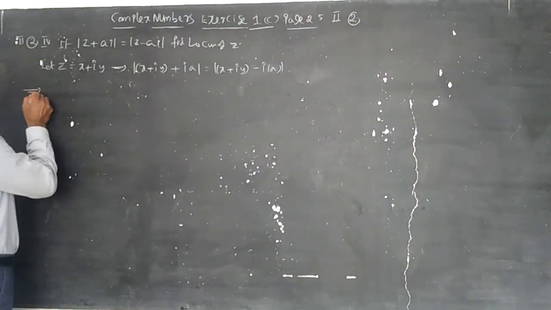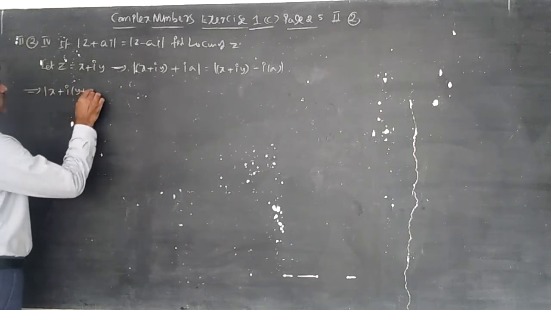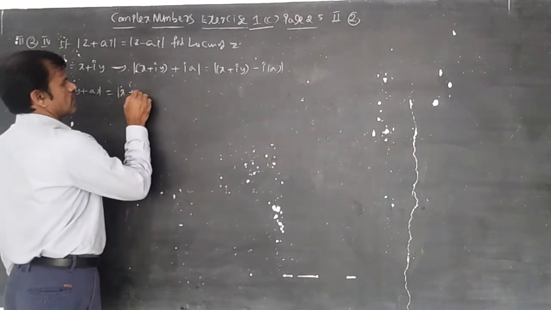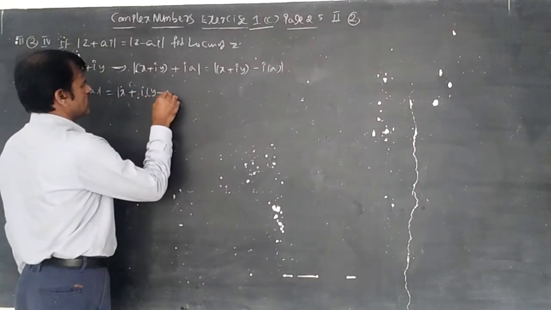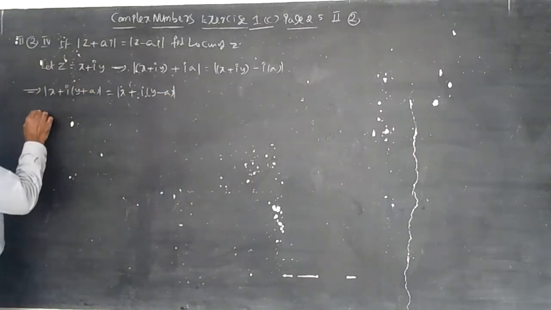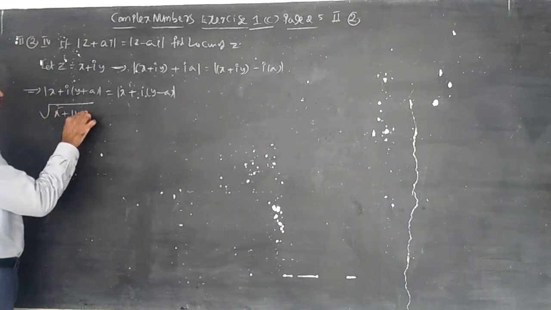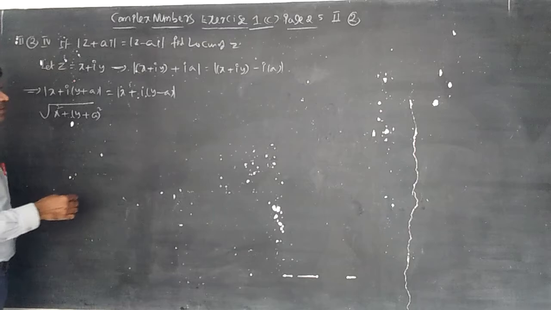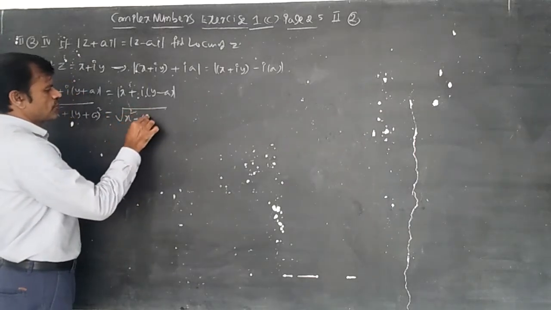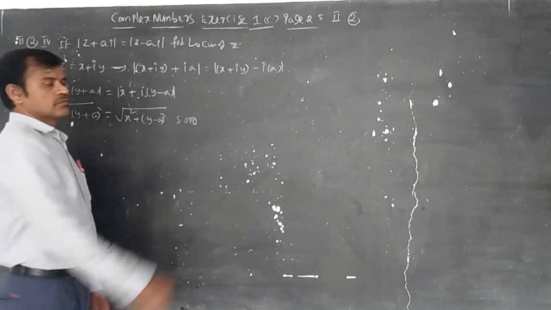That implies modulus of x plus i(y plus a) is equal to modulus of x plus i(y minus a). By the definition of modulus, you can write here square root of x square plus (y plus a) whole square is equal to square root of x square plus (y minus a) whole square.